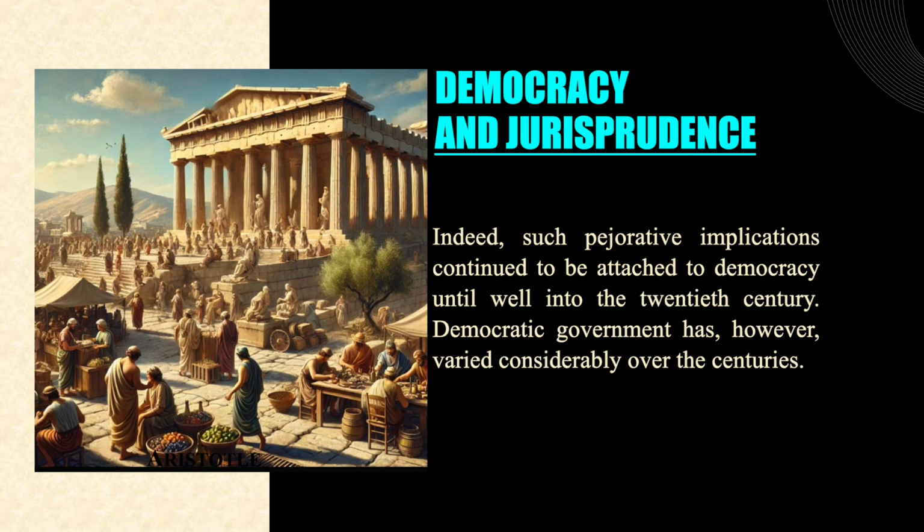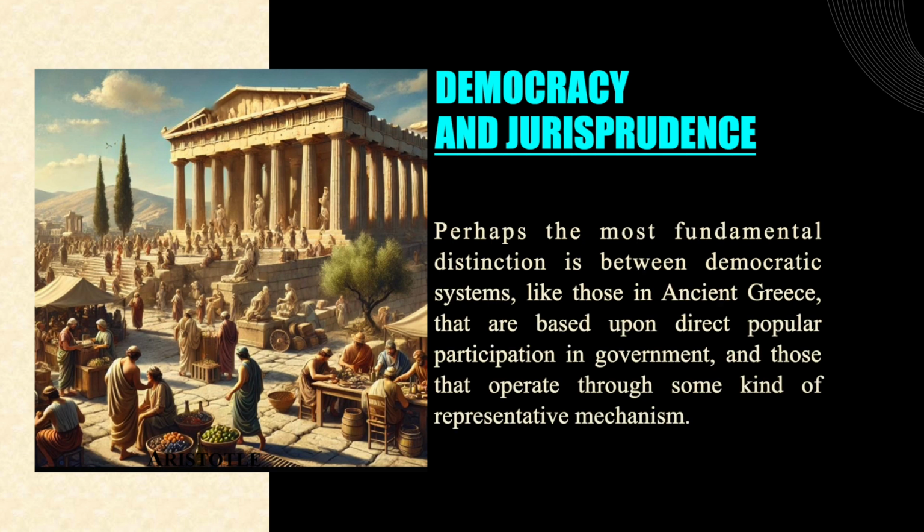Democratic government has, however, varied considerably over the centuries. Perhaps the most fundamental distinction is between democratic systems like those in ancient Greece that are based upon direct popular participation in government and those that operate through some kind of representative mechanism.